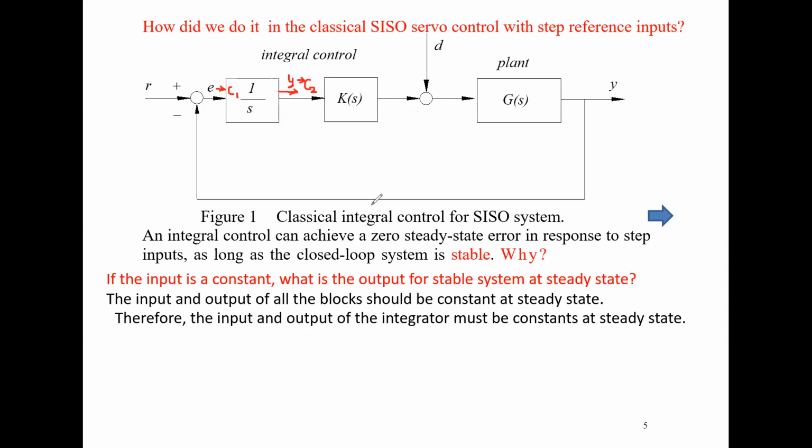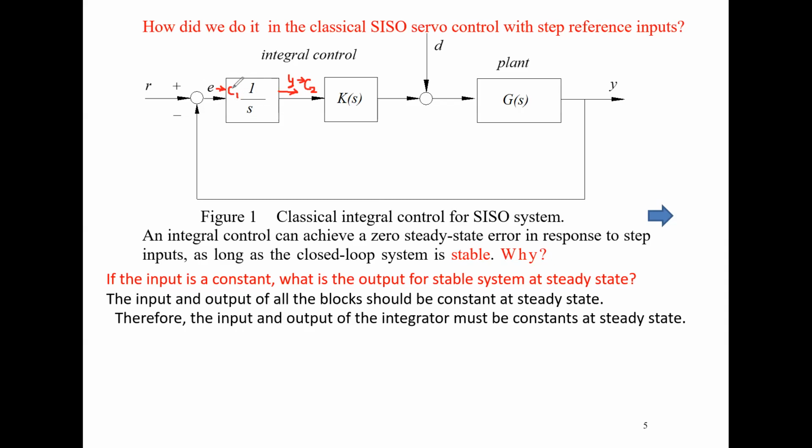Integration means summation. Think about that. We know this is a constant, and the output is also a constant, does not change. The output will not change. Now, there is a very special property about this constant. Because we know it's a constant, the only two cases are whether it is a zero constant or non-zero constant.